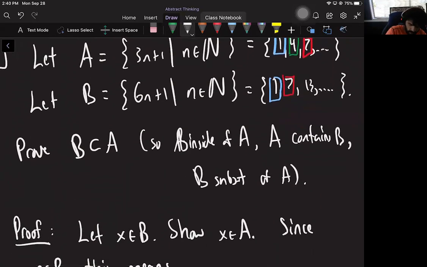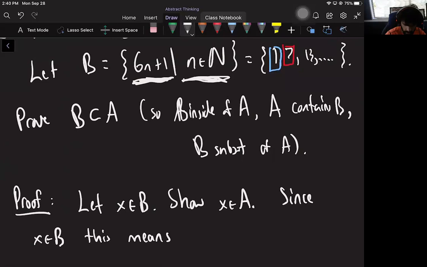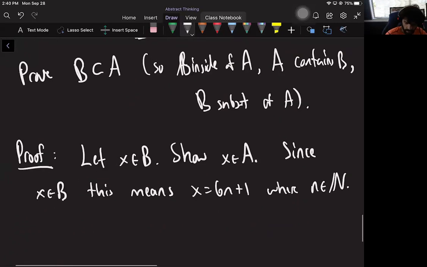So what that means is I need to look at the set builder notation of the set to say what it is. So x is in there, so x looks like 6n plus 1, where n is a natural number. That's what it really means to be an element in there.